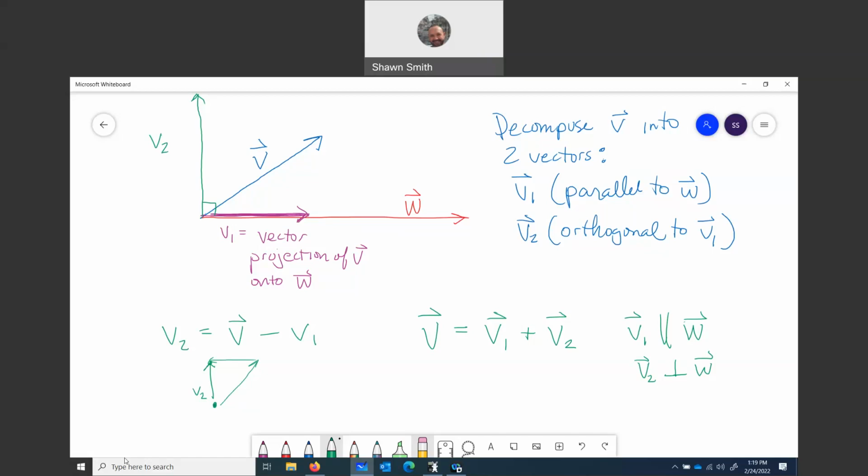Right here, that's just two vertical lines, supposed to be parallel. You know I can't draw straight lines. There we go. It's not bad.